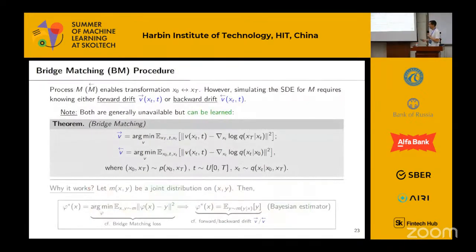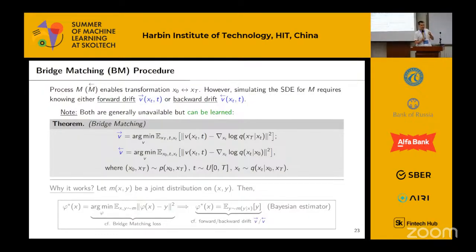Okay, so now let's come to the main question. On the previous slide, I told you that you can get this stochastic differential equation, this Markovian projection, which allows us to construct a stochastic differential equation. But as I already told you, it was intractable because you were not able to estimate the drift of that Markovian projection easily, just like in flow matching.